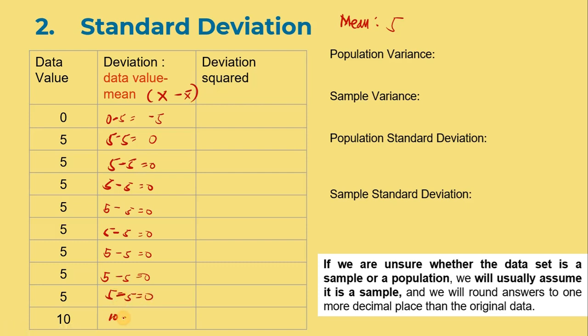And then 10 minus 5 is positive 5. So that is your deviation.